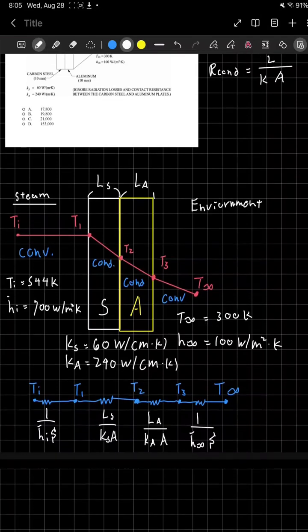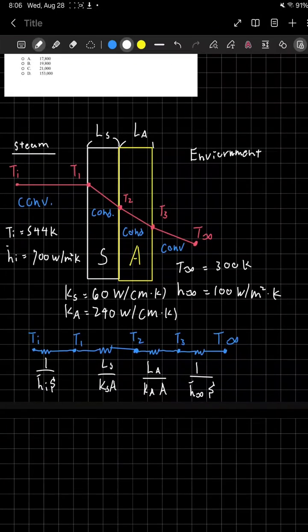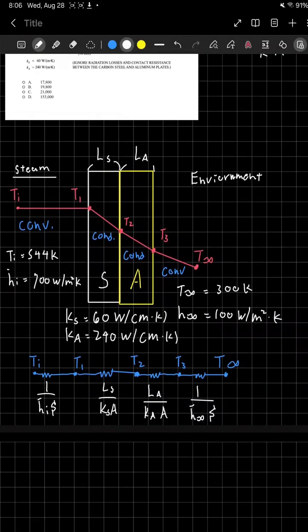One thing you'll note here is that we actually don't need to care about area for now, because the surface area and the cross-sectional area that the heat is traveling through are the same.